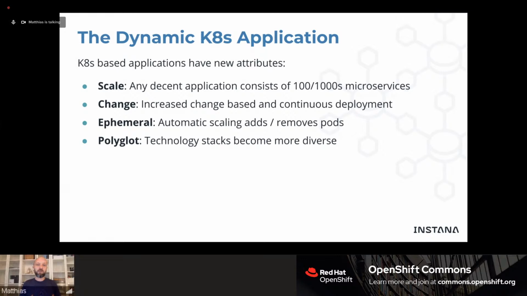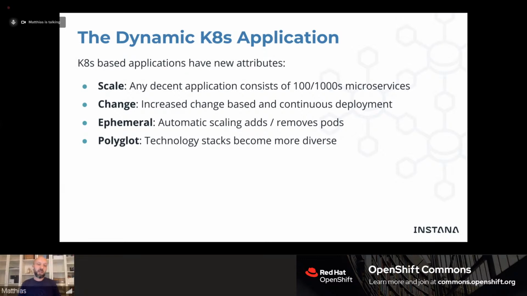With Kubernetes, a decent application suddenly consists of hundreds to thousands of microservices. You can talk about pros and cons of microservices, but the matter of fact is Kubernetes gives a lot of means to do so. So people are taking advantage of it, but they also need to manage these.